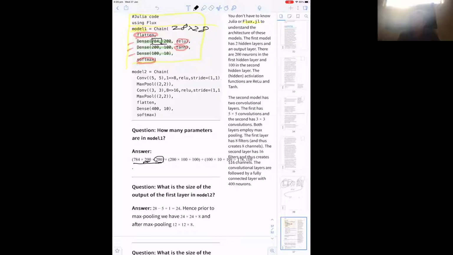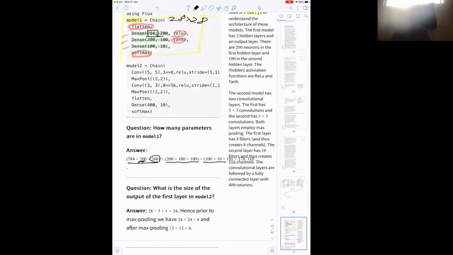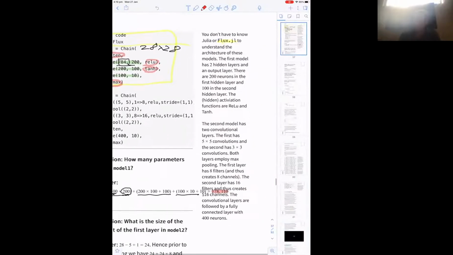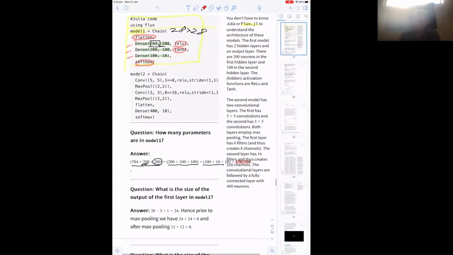What's this 200 that I've just circled for? That's a bias, exactly. Then we have the second layer and the third layer, and you get some number. We have some typesetting issue here, just from copying into this software that I can scratch on, but it comes to 178,000 parameters. So that's this first model.